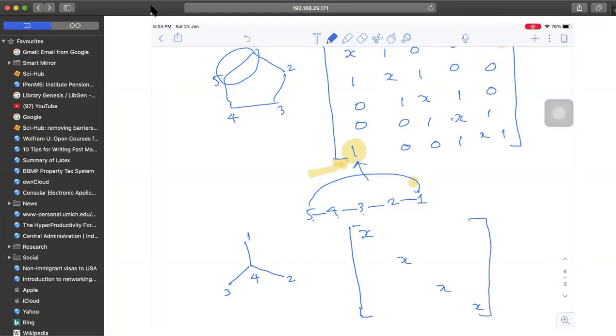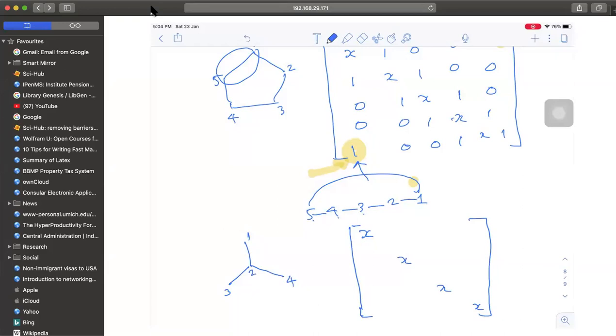Then 1 and 2. Okay, maybe I'll rearrange. It is probably easier. Let me put it like this: 1, 2, 3, 4.